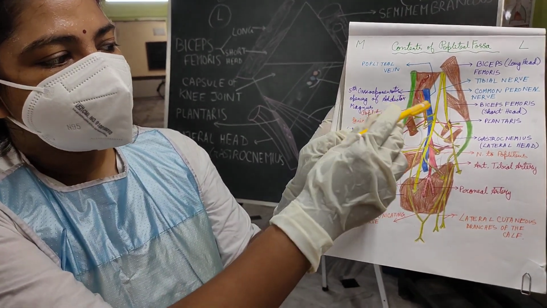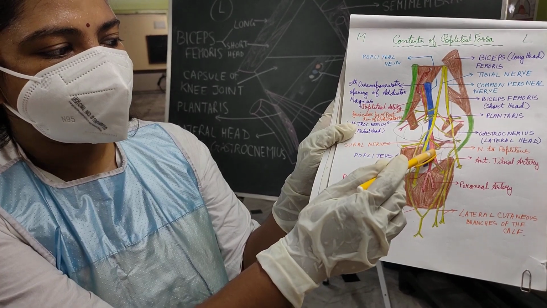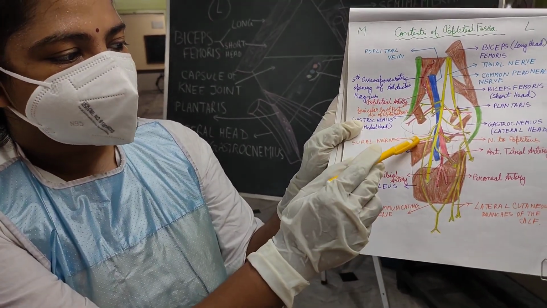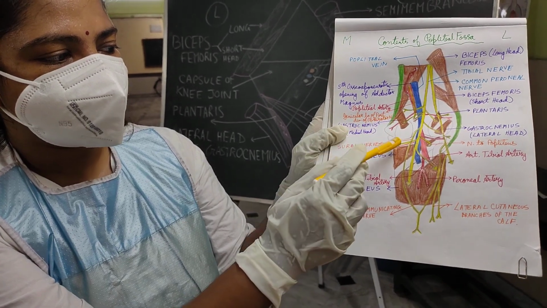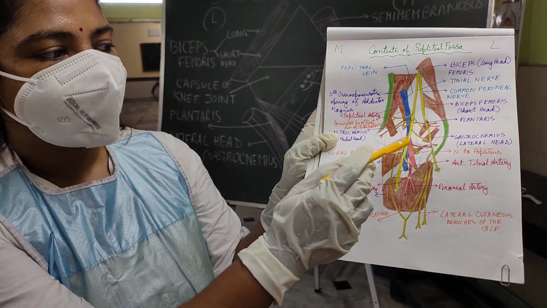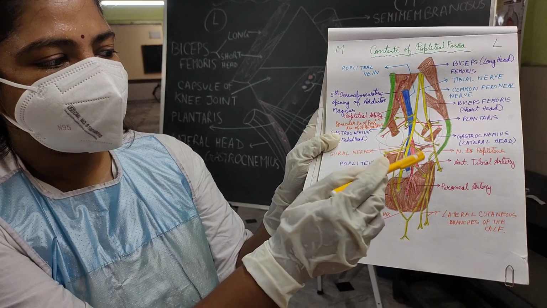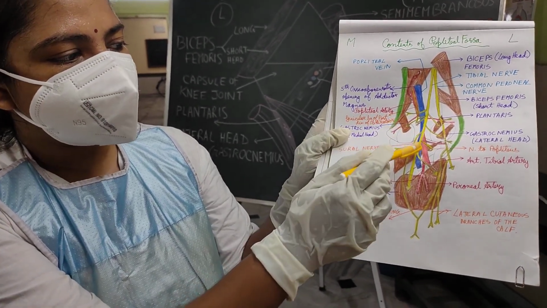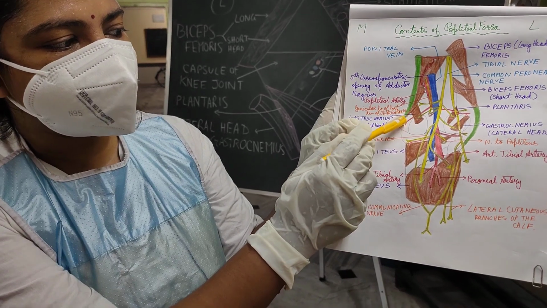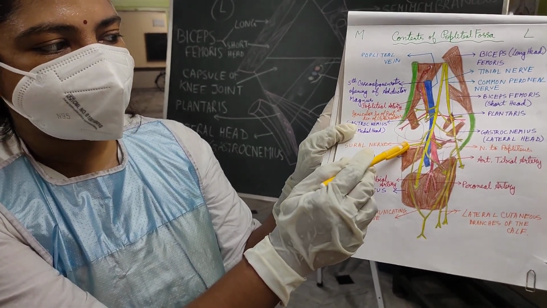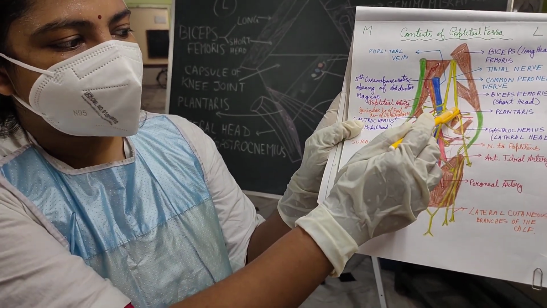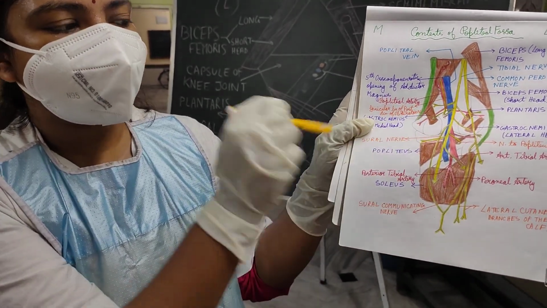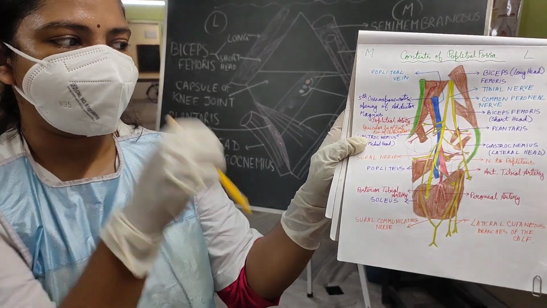The popliteal artery will provide genicular branches like the superior medial, inferior medial, superior lateral, inferior lateral genicular branches, as well as a middle genicular artery.